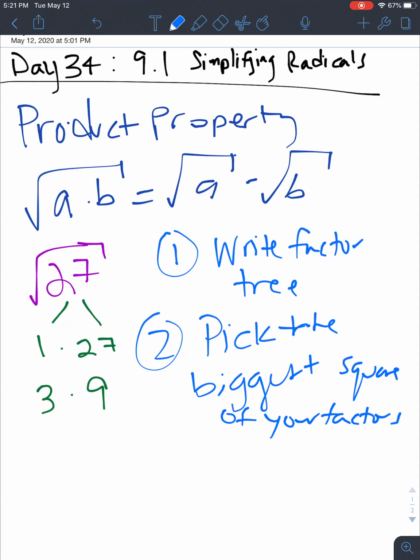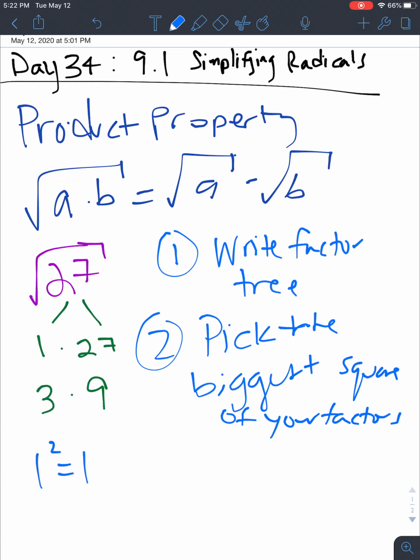Remember that a perfect square is just a number that when you put it into a square root, it comes out perfectly. It comes out as a whole number, right? Or said another way, it's whatever the solution would be to a number squared. So like 1 squared is 1.